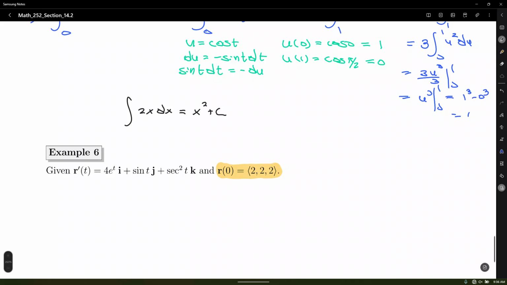That is because this c represents, when you have a function f of x with a constant c that we don't know, a family of functions. In some cases you may be interested in the member of the family that lives at a particular point. So you would do what is called an initial value problem to find that value of c. All right? If you have taken differential equations, you have done this a lot.